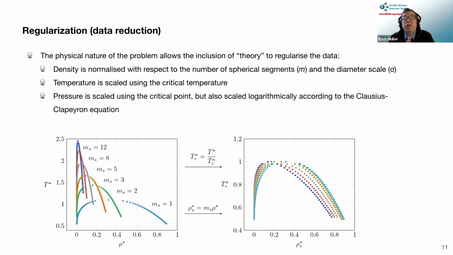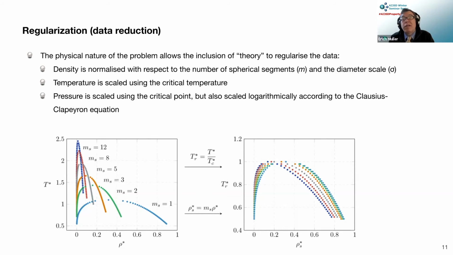If you were going to look at the different families of phase diagrams that you would obtain for different length scales, or different number of spheres for the same lambda, you would see that the diagrams are very different one to the other, and span very different values of density and temperature, even when we express them in reduced units.